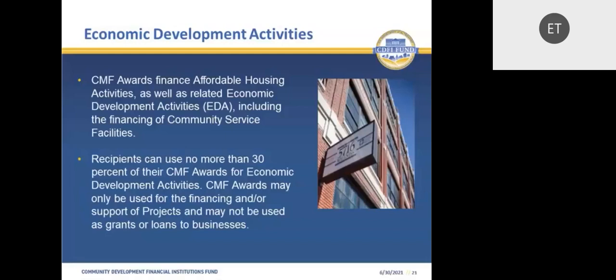If you're not certified by the application deadline and you don't meet the criteria for an eligible nonprofit housing organization, you would not be eligible. We're happy to provide specific guidance. If you want to reach out to us after the webinar, we can provide additional information. But in general, if you're applying as a CDFI, you have to be a certified CDFI by the application deadline.